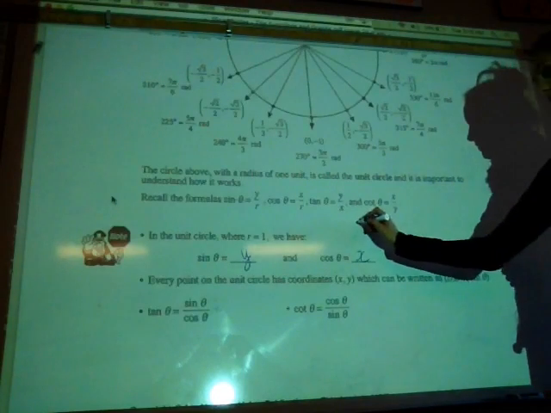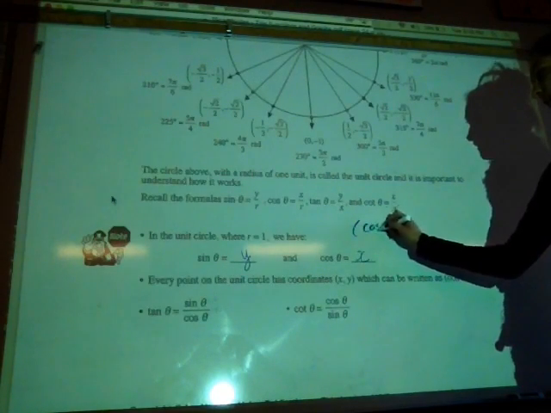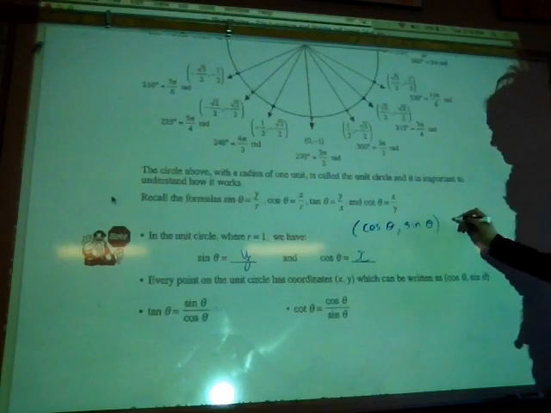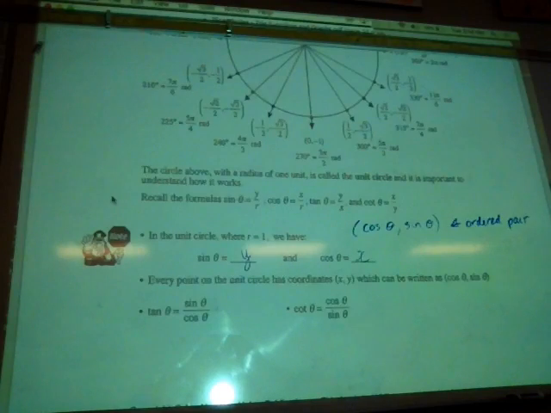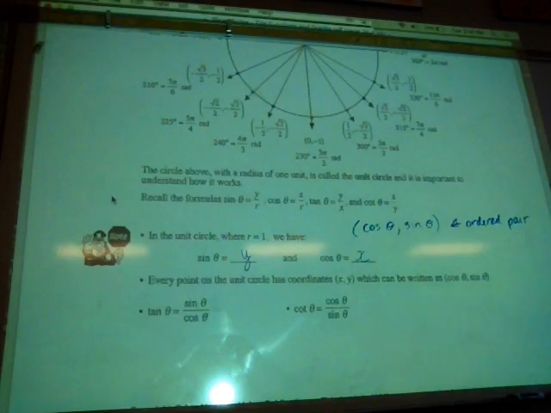If you guys want as well, you can summarize that we have an ordered pair then of cosine theta, sine theta. Okay, ordered pair. I believe it's written here already for you, but I just wanted to highlight it there twice.